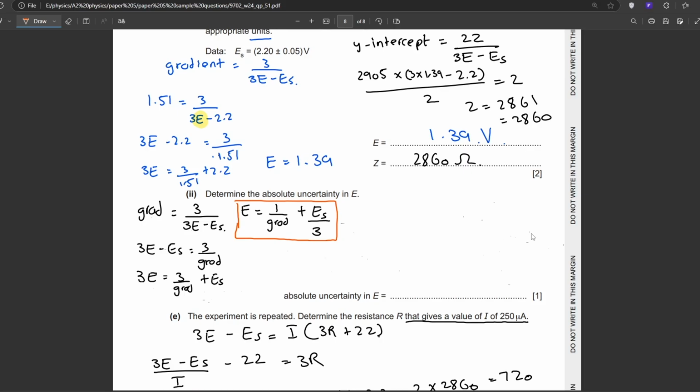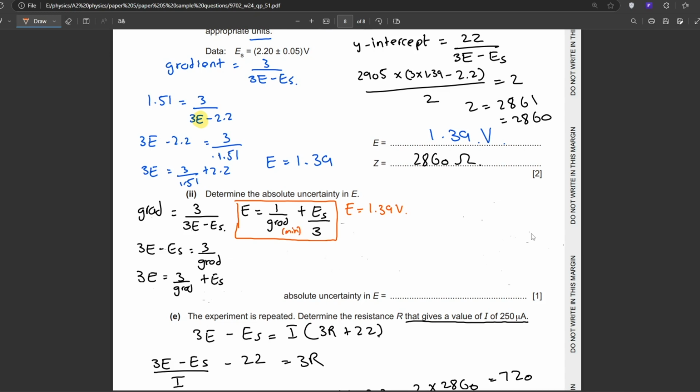Now, if you put the regular values of gradient as 1.51 and ES as 2.2, you will get your E value as what? What is the actual E value? 1.39. Now, how can you get the maximum value of E?